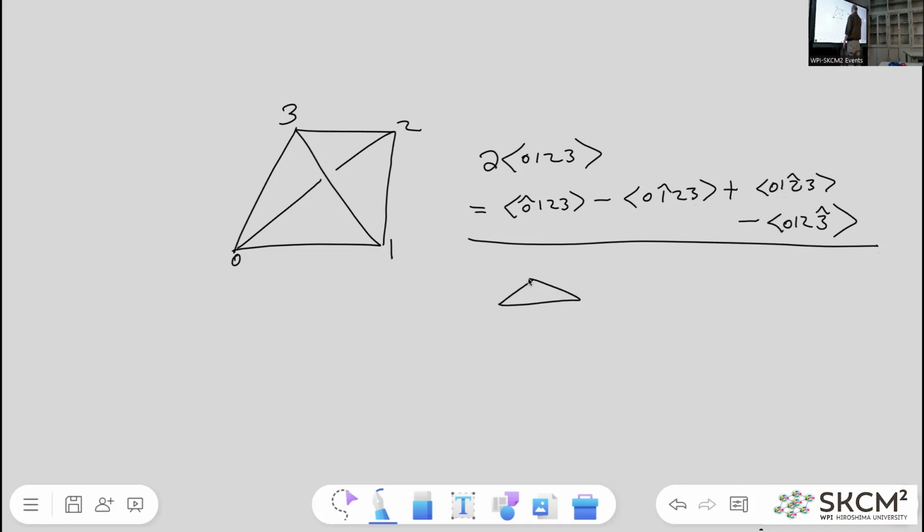If I had a 1, 2, 3, 2, 3, like that, and I've just drawn it here like that, I think of putting a cycle on it like that. That's my orientation on it, 1, 2, 3. And then the normal points this way. Yes.